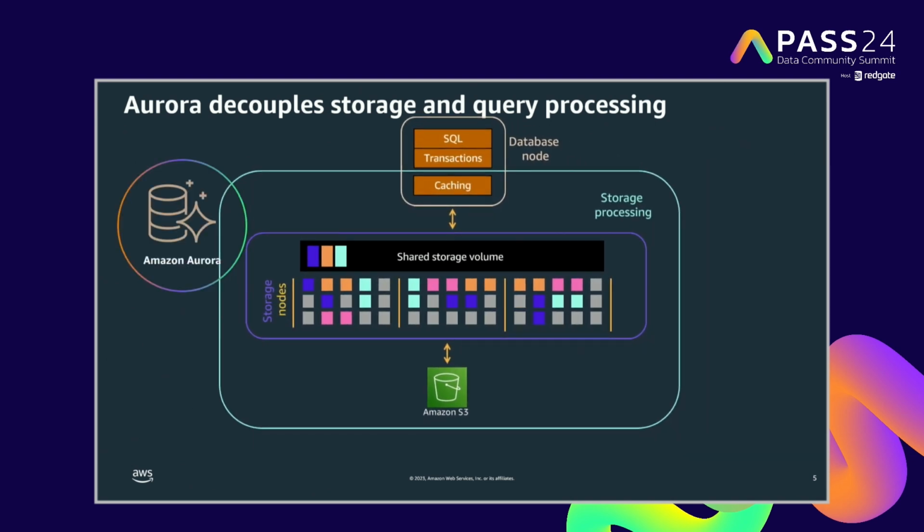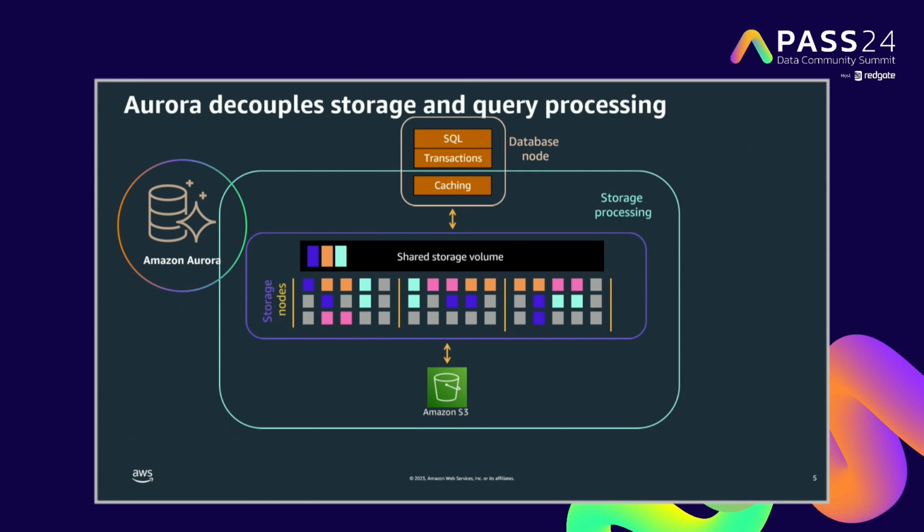Okay. So here, the main advantage of this decoupled architecture is that if you want to upsize your compute, you just have to spin up a different instance with whatever size you want for your workload, and it automatically reattaches to the same storage. You just upsize or downsize the instance based on your workload.